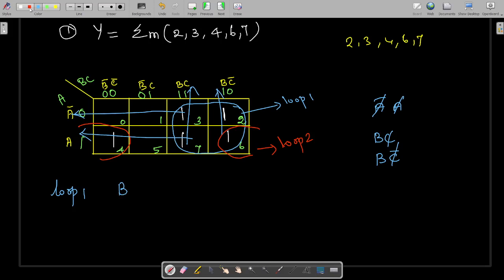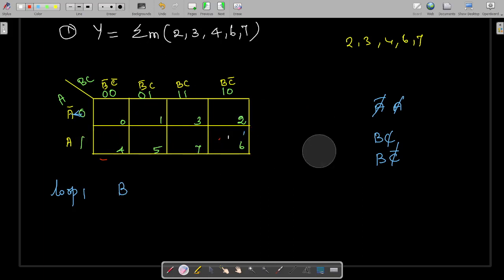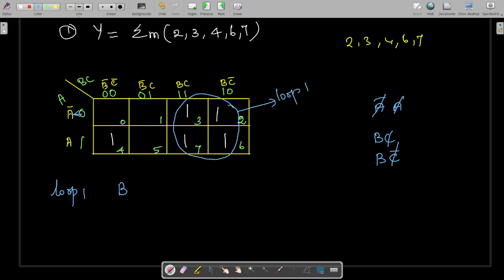Then you go for loop 2. One second. You form this, and that is my loop 1, and this is my loop 2. Now I am going to explain how I get the expression for loop 2. Horizontally, A alone is available, so we need to include this.